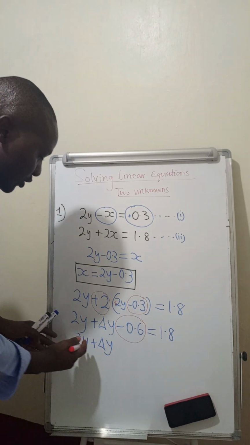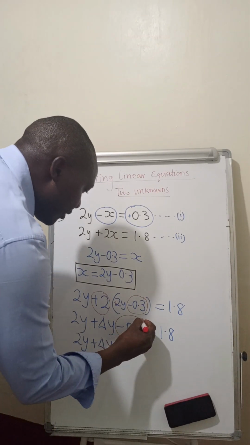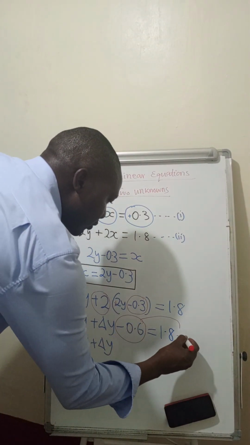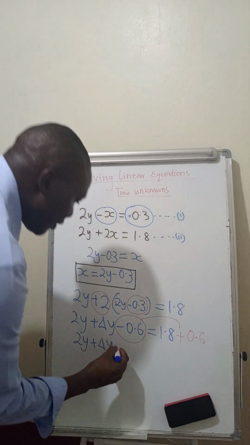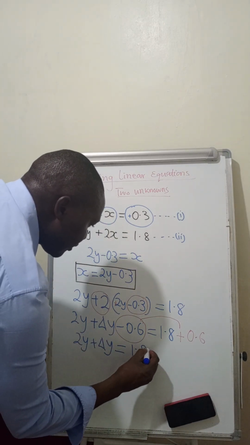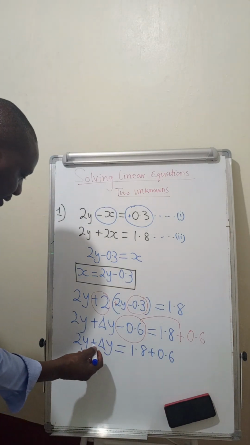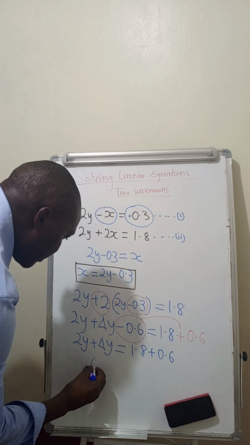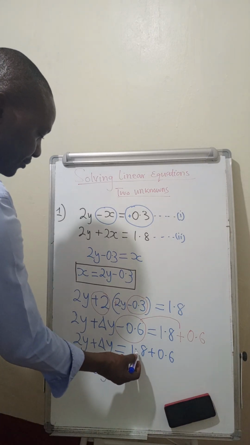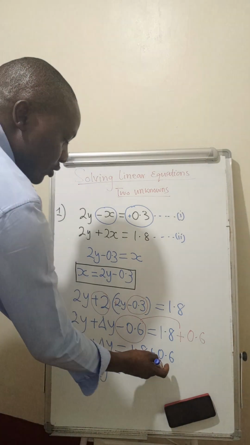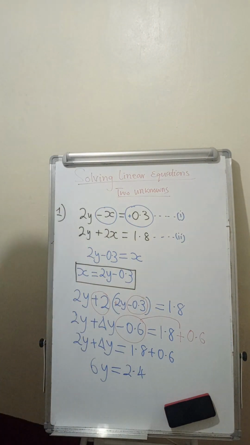The unknowns, 2y plus 4y, we put them to the left. Then this one, you bring it this side. It will be positive 0.6. So we have equal sign 1.8 plus 0.6. 2y plus 4y, you'll get 6y is equal to, if you add 1.8 to 0.6, you'll get 2.4.